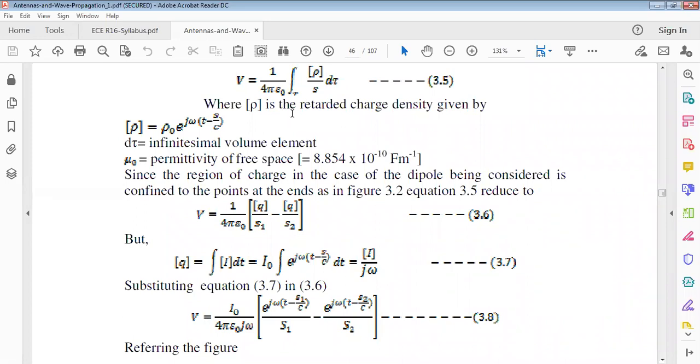But when we consider free space, our assumption is a small electric dipole located in free space, that's why J equals 0. Hence del cross H equals D dot. Similarly, del cross E equals minus B dot. Del dot D equals rho V, but rho V equals 0 for free space. And del dot B equals 0.